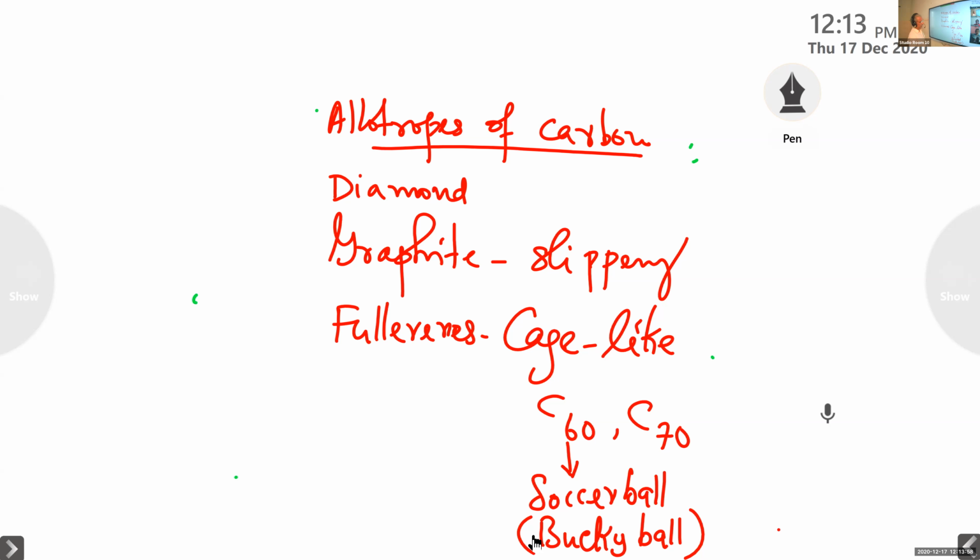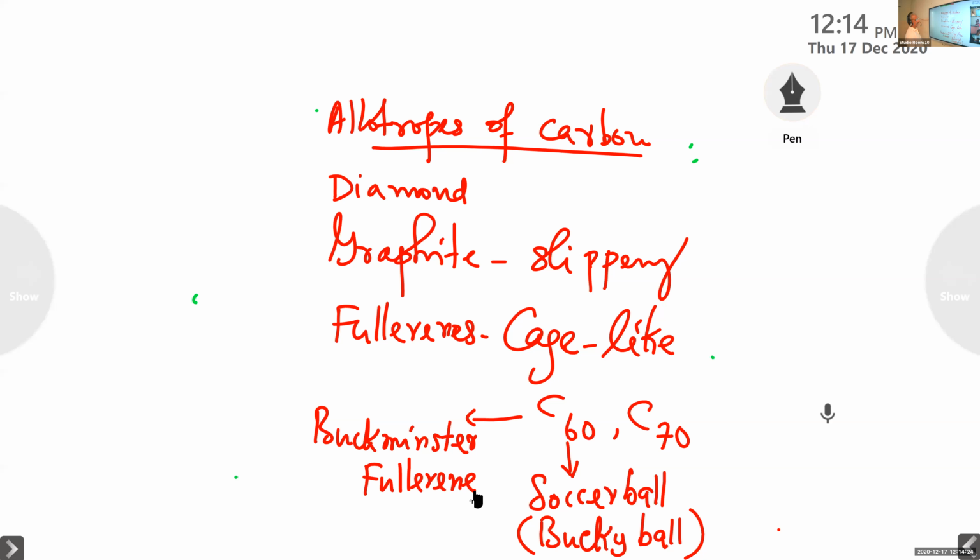Do you remember? You can recollect it now? No? That's called a Buckminster fullerene. See, the name is coming from Buckminster Fuller.